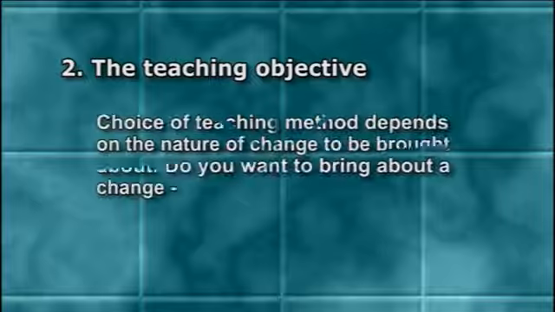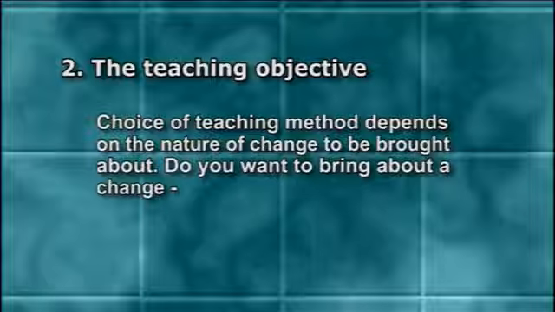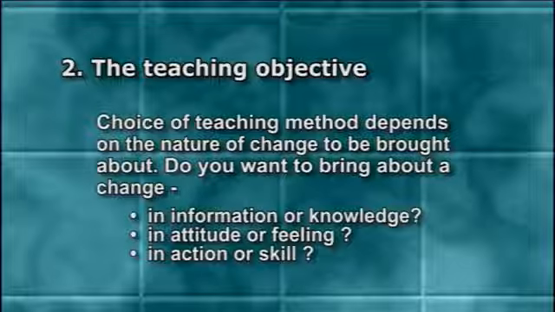Number 2. The teaching objective. Choice of teaching method depends on nature of change to be brought about. Do you want to bring about a change in information or knowledge, in attitude or feeling, in action or skill? If you want merely to inform or slightly influence a large number of people, you should use mass media.